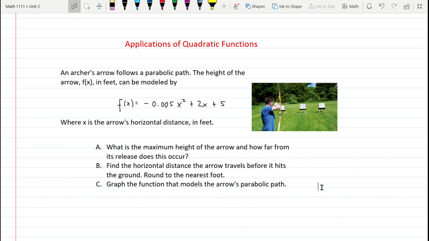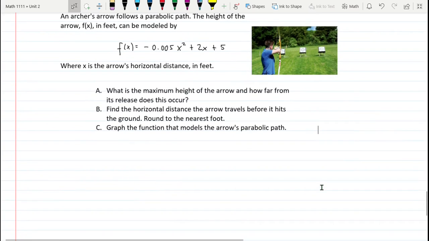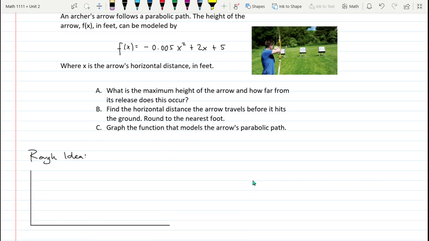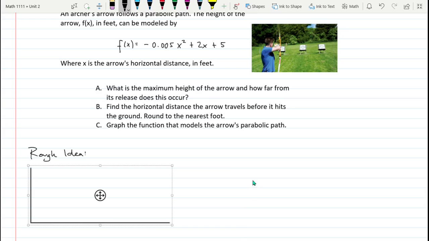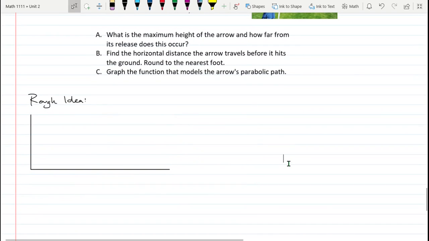I like to start with a rough sketch, a rough idea of what I'm looking at. It doesn't have to be a perfect graph, and I think that's the beauty of this, that for now this is going to be perfect for us. So here's a person, and it's going to shoot an arrow.